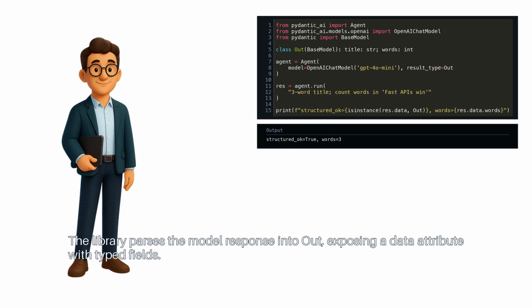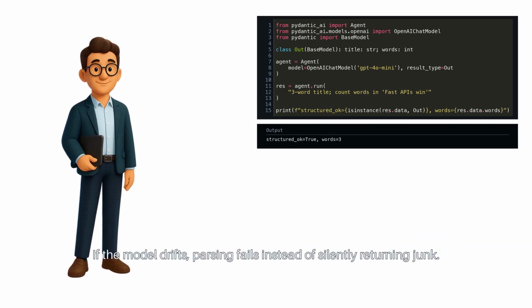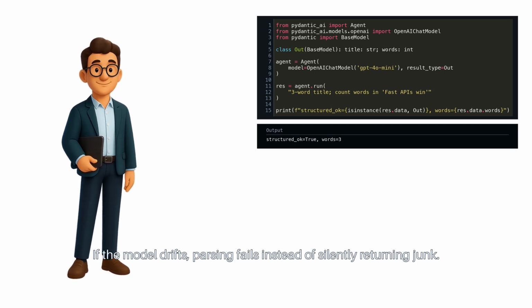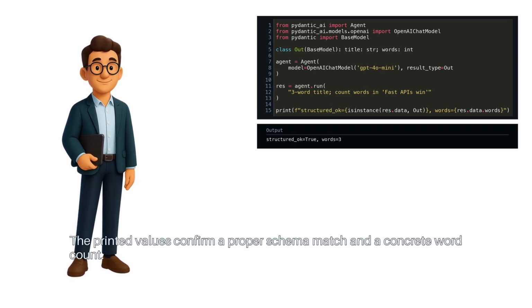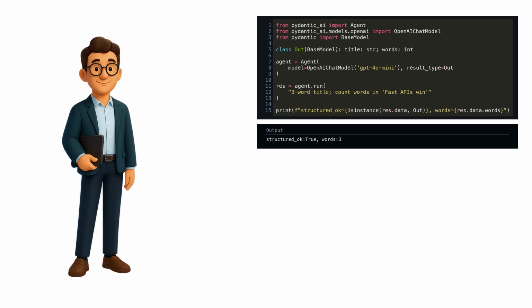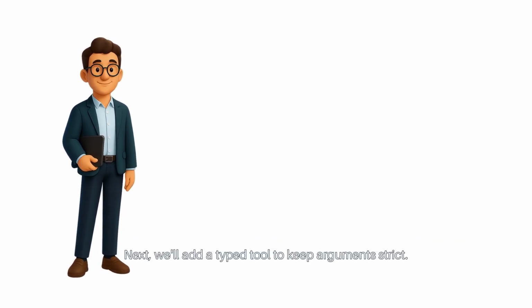The library parses the model response into Out, exposing a data attribute with typed fields. If the model drifts, parsing fails instead of silently returning junk. The printed values confirm a proper schema match and a concrete word count. Next, we'll add a typed tool to keep arguments strict.